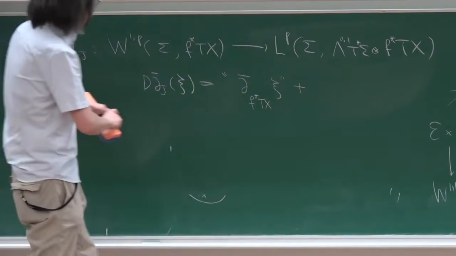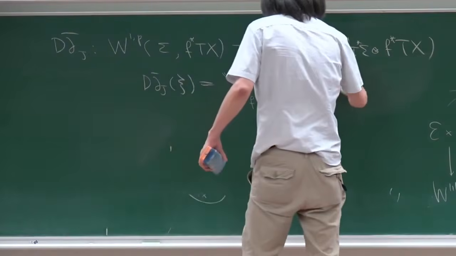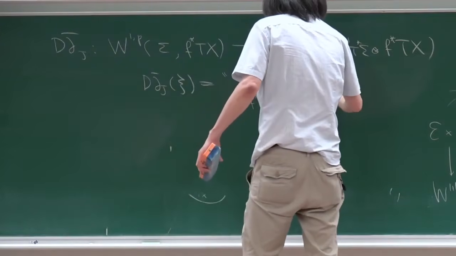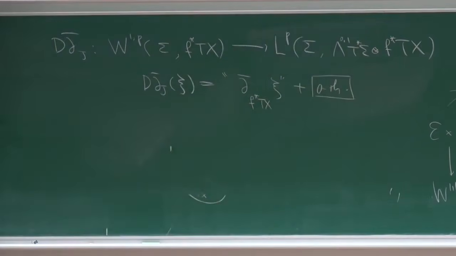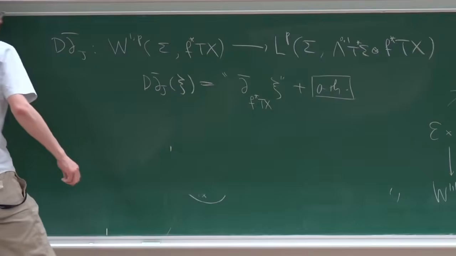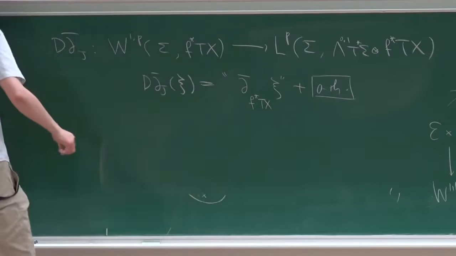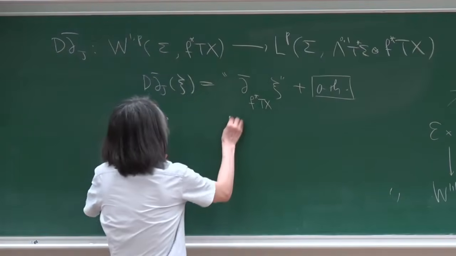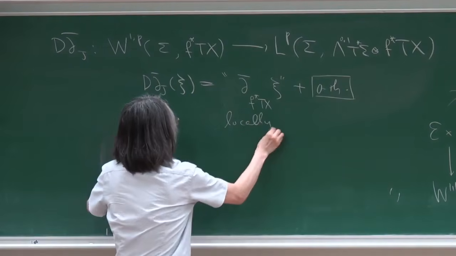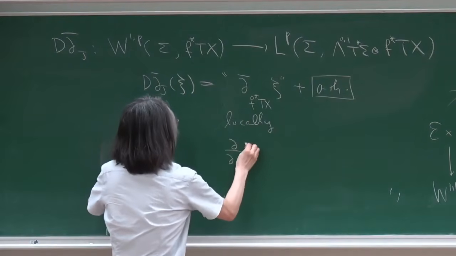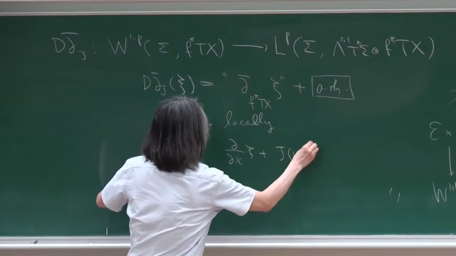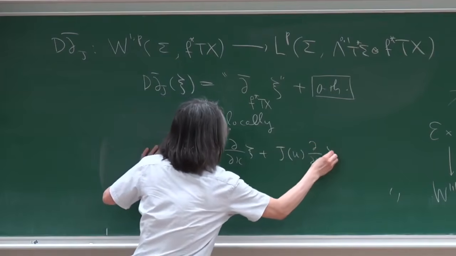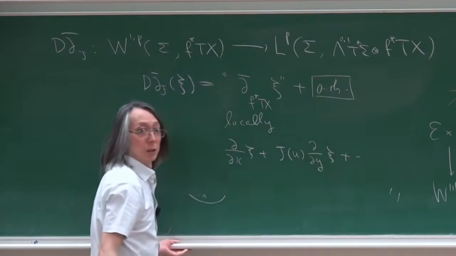That something is maybe just a zeroth order term, so it is not so important. But if you consider this term, locally it is ddx of psi plus J of u of ddy of psi, plus something like this.